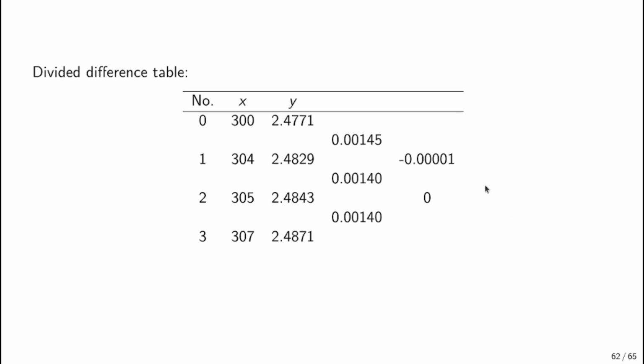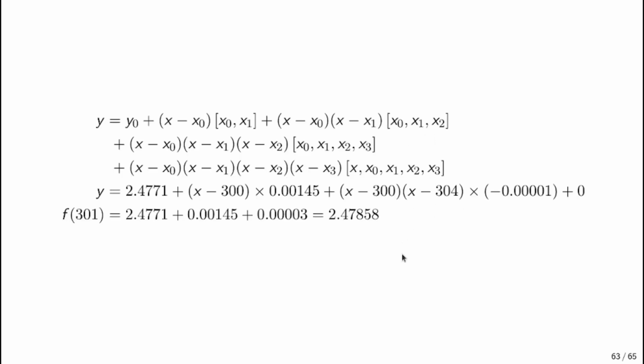The third difference is not going to give you anything new, so we will keep only the first difference and the second difference. Keeping these values, we will find y equal to y0 plus x minus x0 times the divided difference x0 x1 plus x minus x0 times x minus x1 times the divided difference x0 x1 x2.